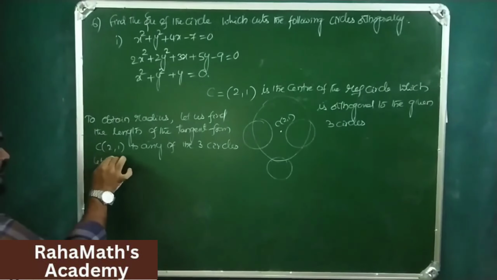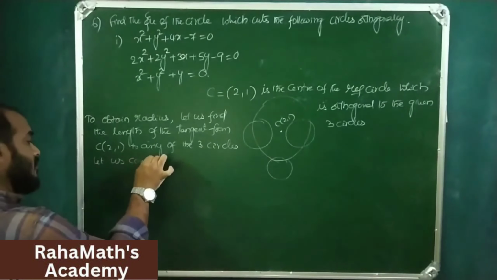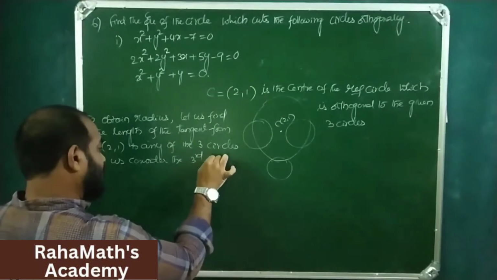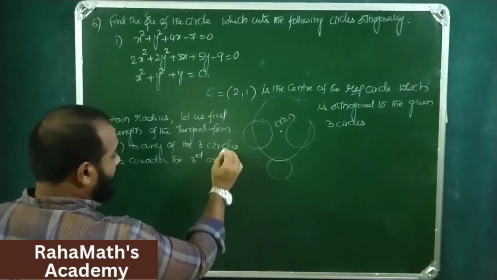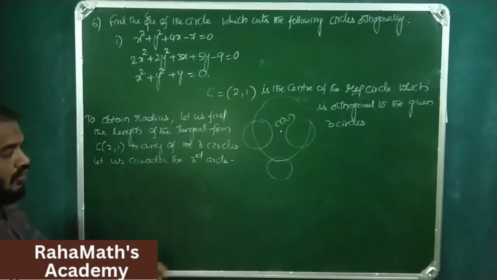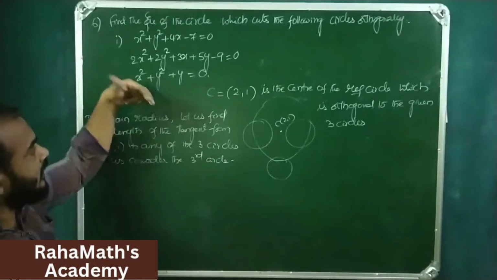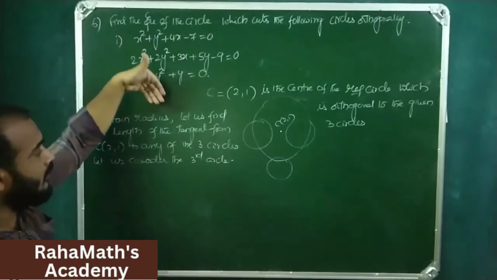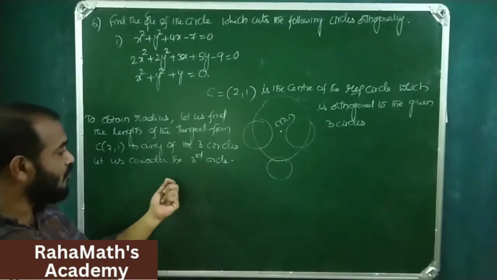So let us consider the third circle. But again, I'm telling you, not only the third circle, you may take the second as well as the first circle also. All of them give a similar answer, which is root S11.